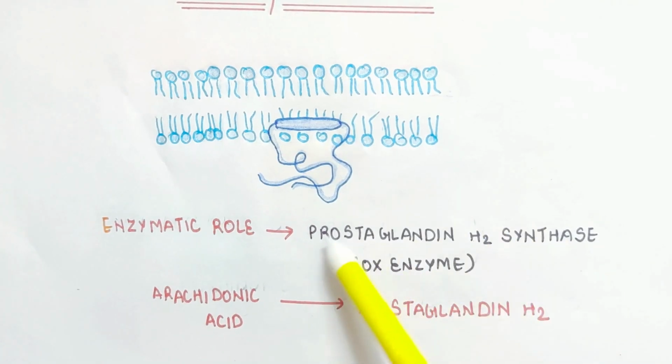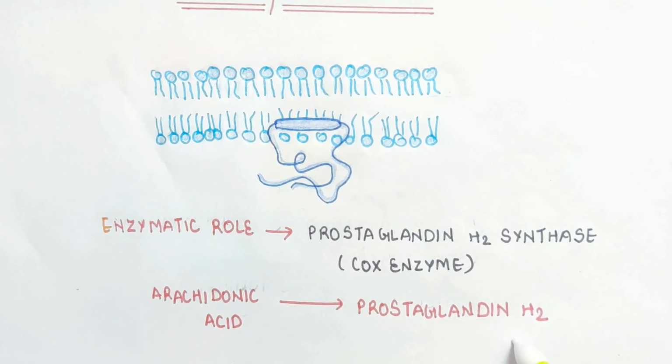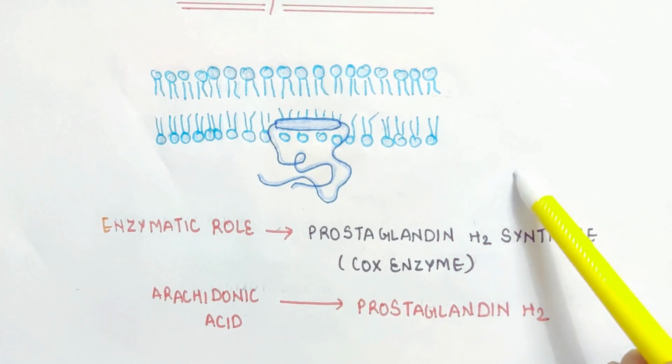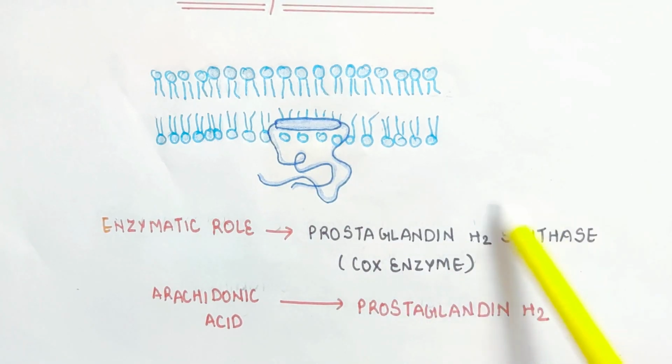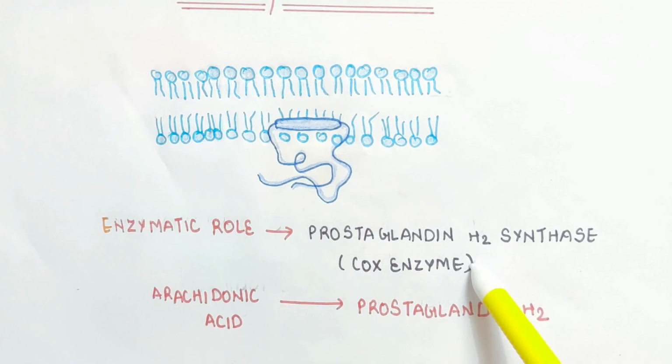It converts arachidonic acid into prostaglandin H2, which is a precursor molecule for prostaglandin, associated with fever, pain or inflammation in the body. A common drug you have probably heard of, aspirin, which we generally take during fever, swelling or pain, inhibits this enzyme, thereby reducing the pain or fever in our body.